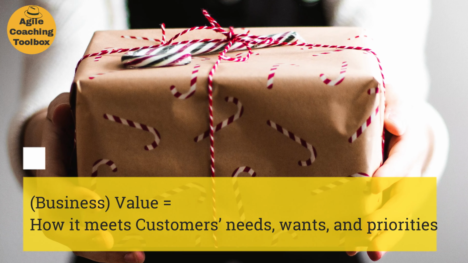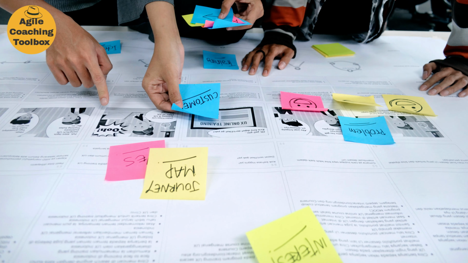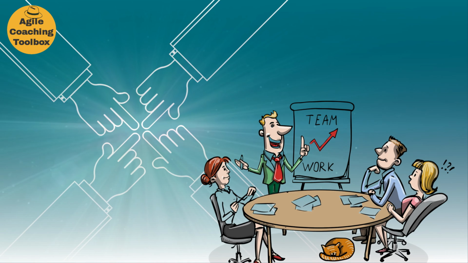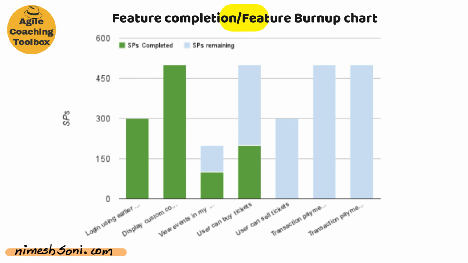It is important for the development team and the customer to continually communicate and collaborate through the process to ensure that the features being developed are aligned with the customer's goals and expectations. So, tracking feature completion makes sense.